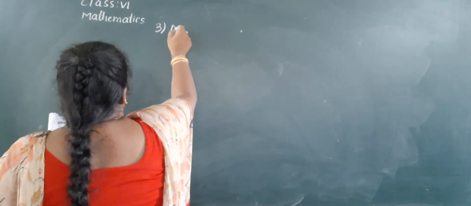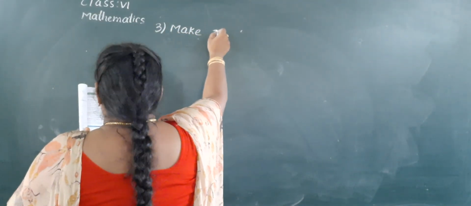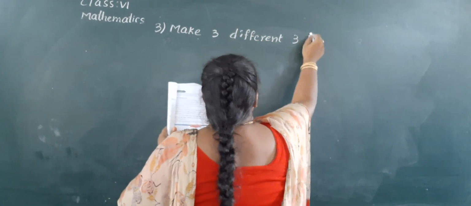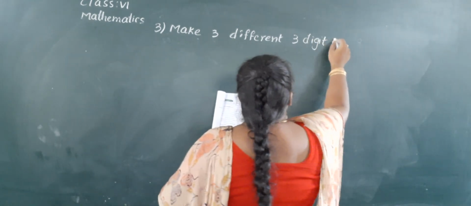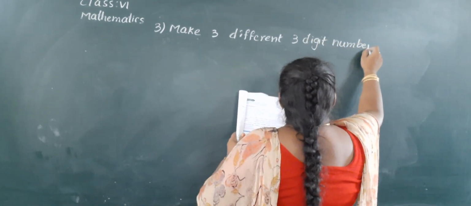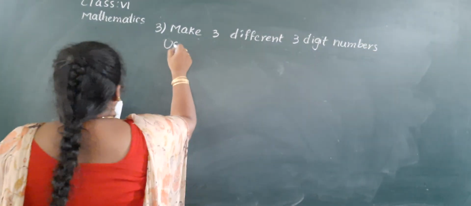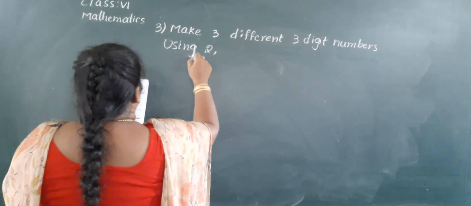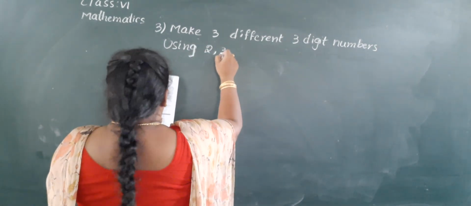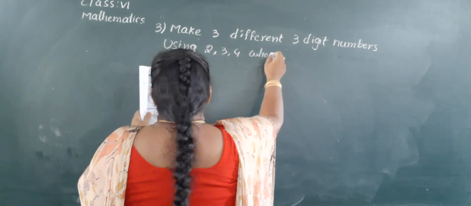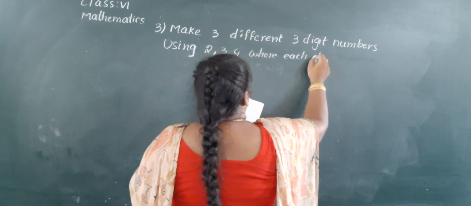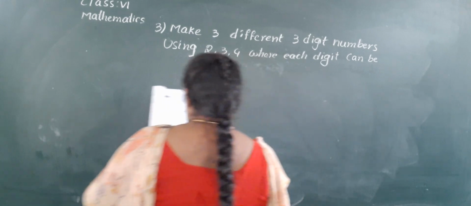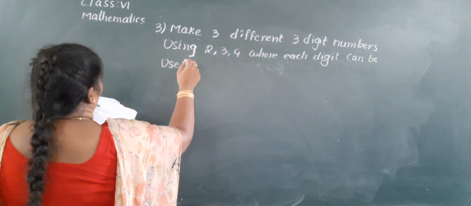Make three different 3-digit numbers using 2, 3, 4 where each digit can be used only once.